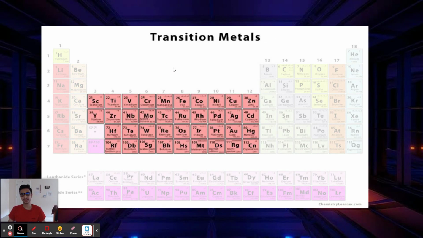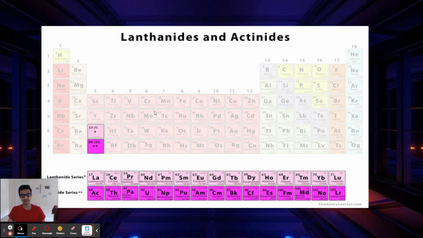Then we go to transition metals. Transition metals are also very common, and good examples would be gold, silver, zinc, copper, nickel, iron, chromium, etc. And then we get to the lanthanides and actinides. And these are very rare, but these are very, very reactive.